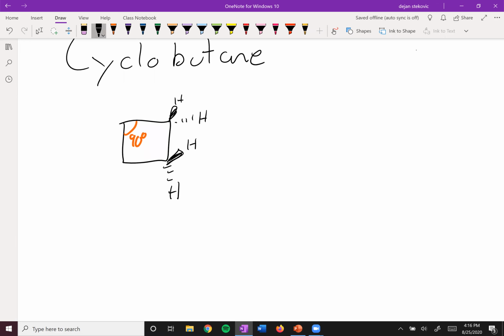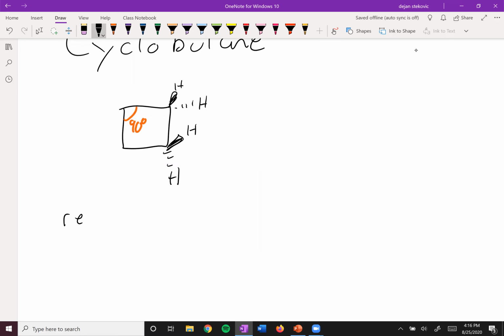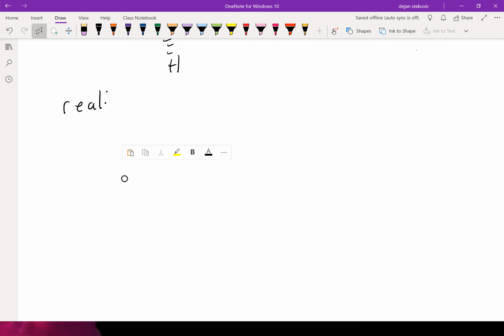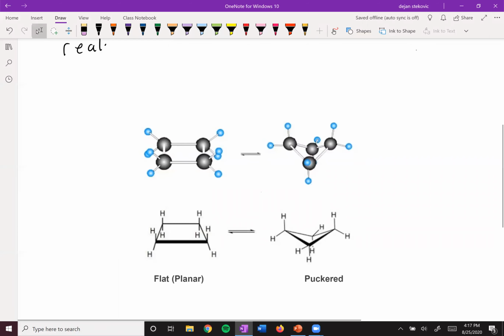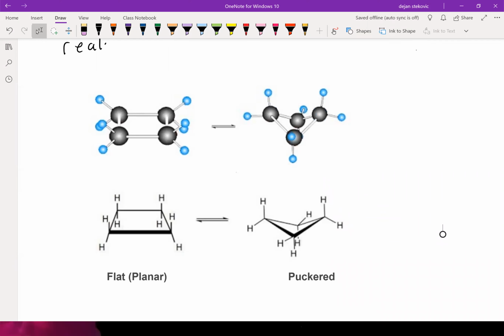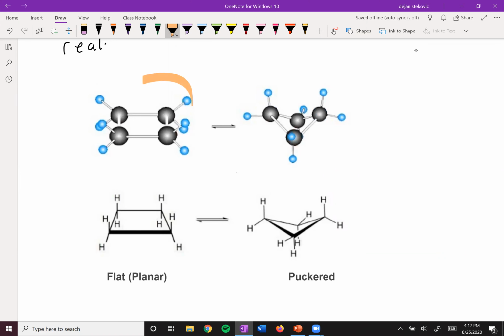So let's see what the molecule looks like in real life. It does not occupy this flat structure. Instead, it goes into a different conformer, right? So instead of going with this flat planar structure, it goes with this puckered structure.